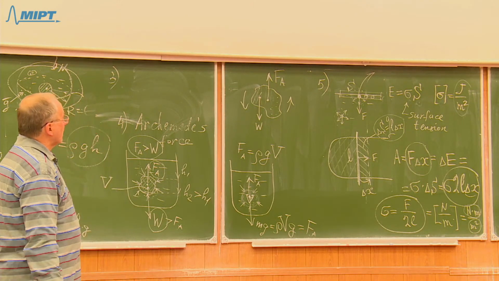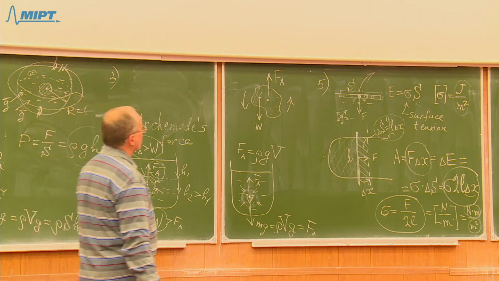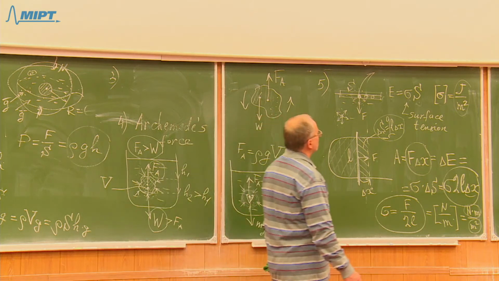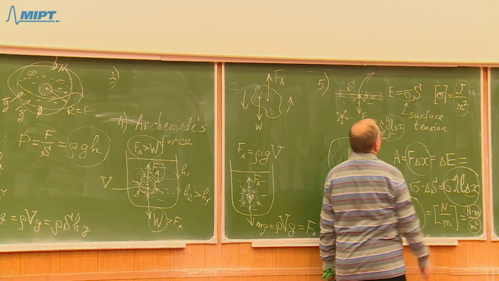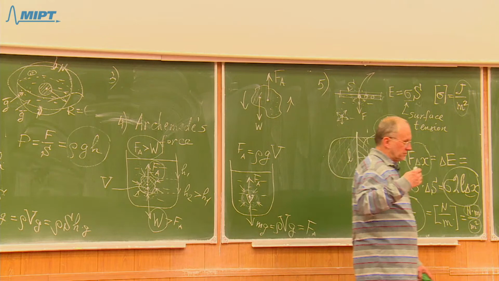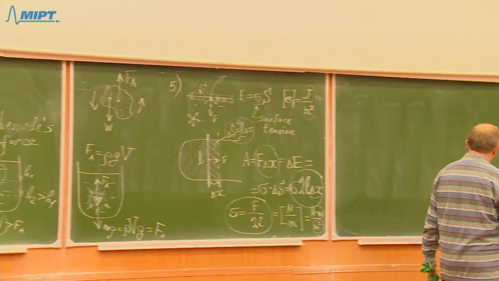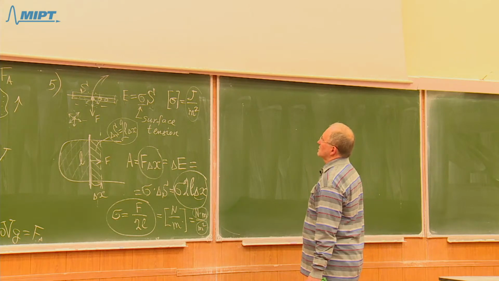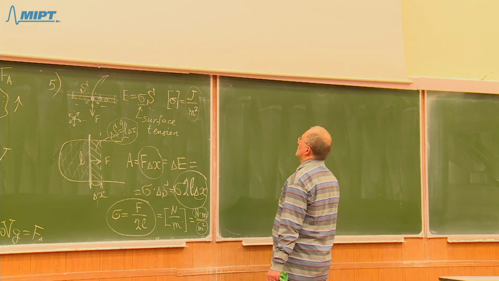Well, I would like to consider a small problem related to surface tension or surface energy, so that you could feel what the surface energy means. I will consider the following problem.